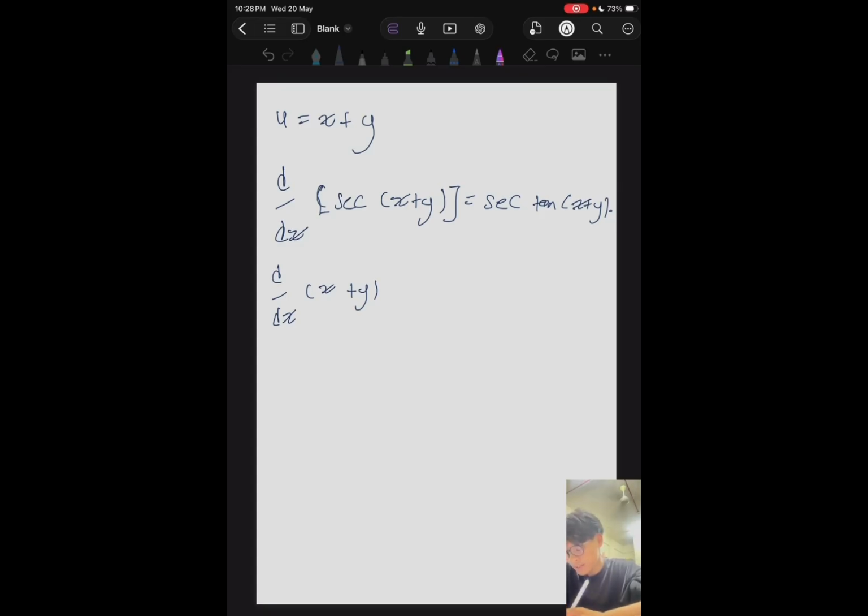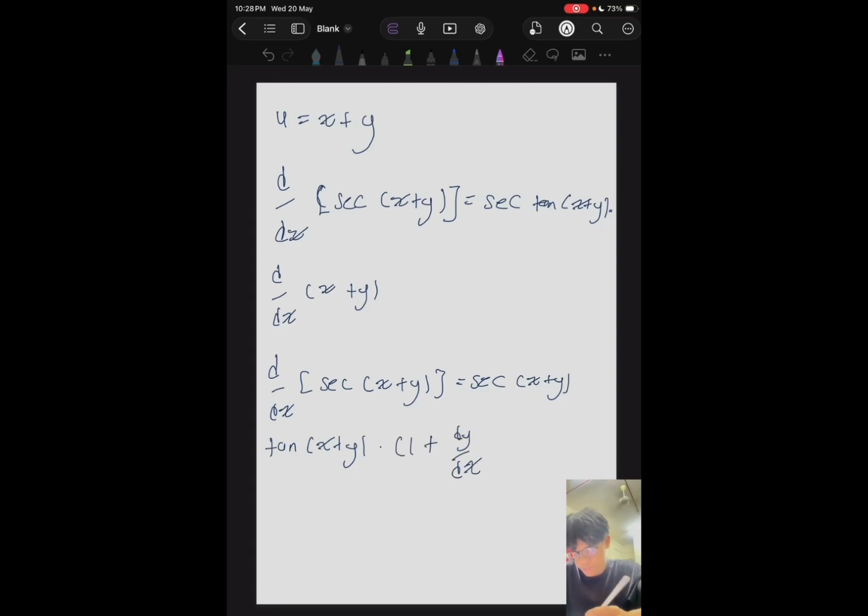So there's another step: sec squared (x plus y) times the derivative of x plus y, which is 1 plus dy over dx. This is for the left hand side.